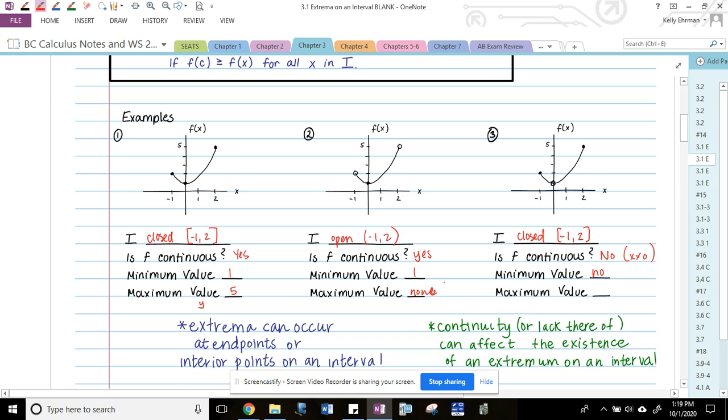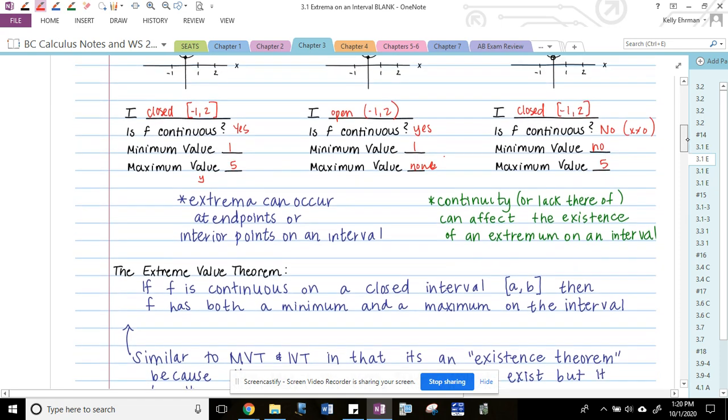And I would say, no, it's 1.00001. Or you can keep adding in zeros. So there is no minimum value. There is a maximum value because our highest point is defined in this graph. So the highest value is 5.